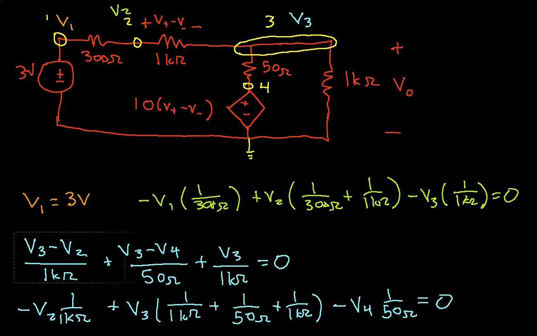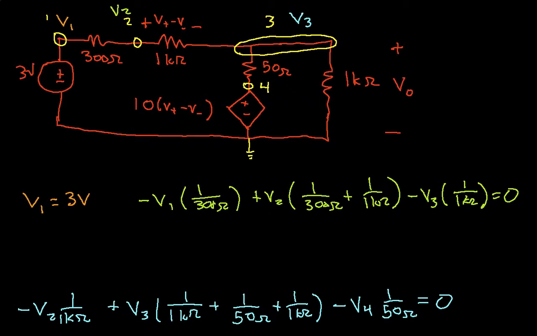I'll clean up just a little bit, although we won't really need much more space. Node 4, you'll notice, is connected to this controlled source. So V4 will be equal to 10 times (V plus minus V minus). Okay, but we know that V plus minus V minus, that is, the voltage across this 1 k ohm resistor, is equal to V2 minus V3.